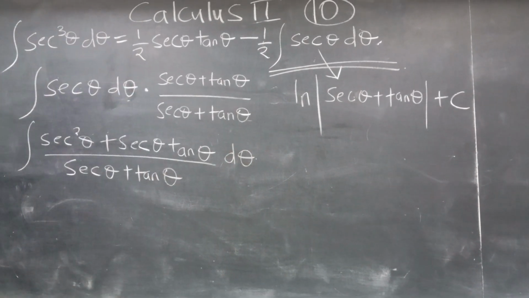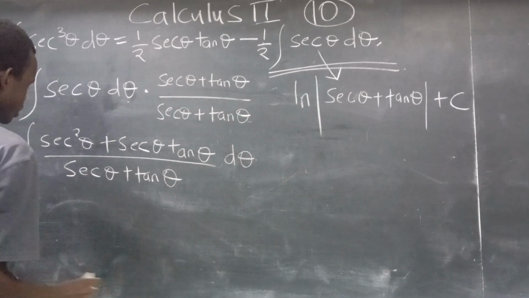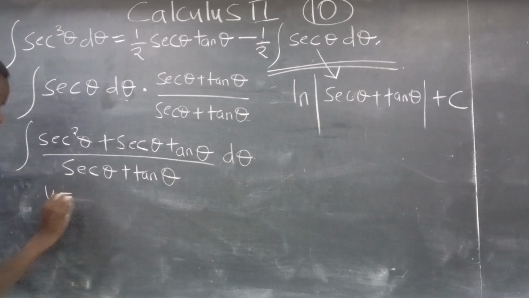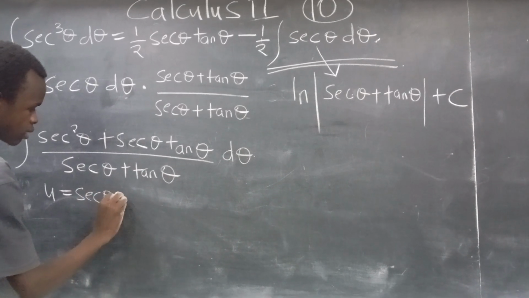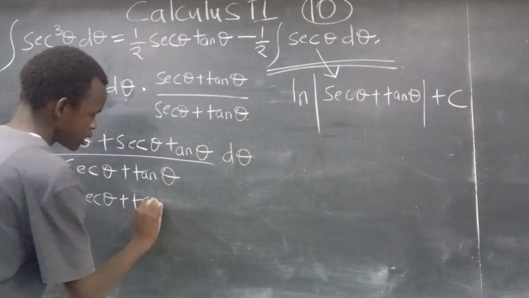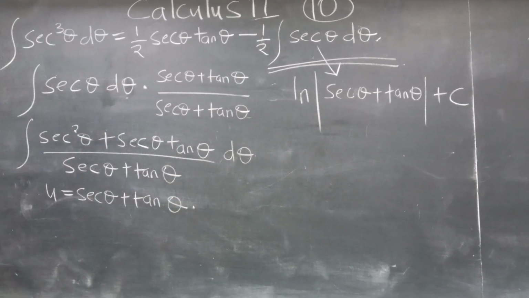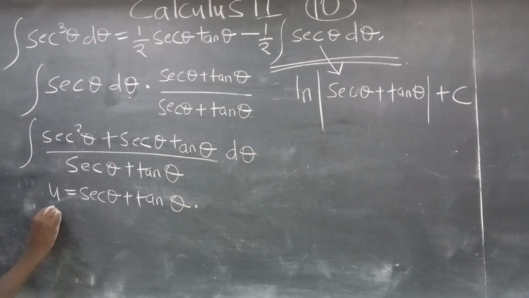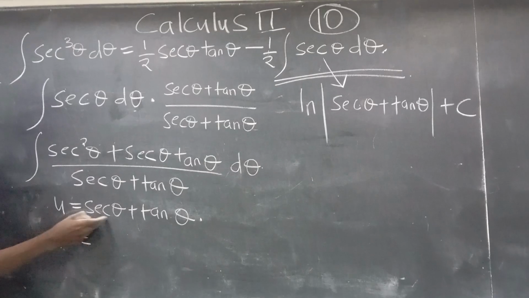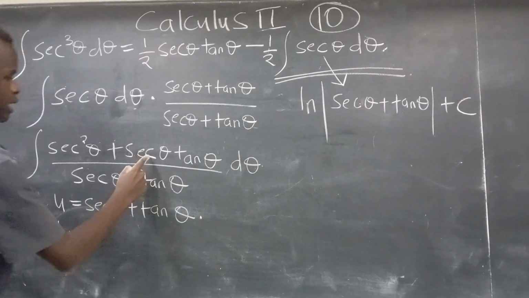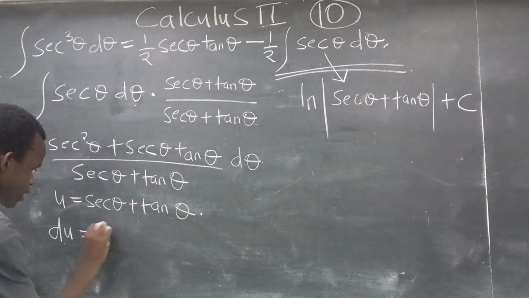but it still got d theta. So choose your u to be the denominator. So my u is secant theta plus tangent theta. Okay, so my du will be, when you differentiate secant of theta, you'll get secant theta tangent of theta.